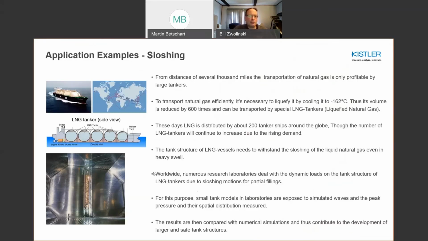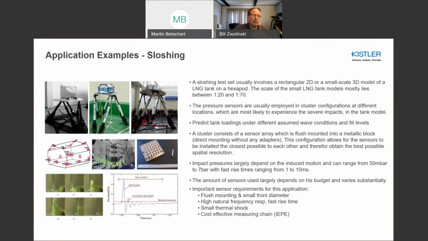Sloshing is for liquid natural gas, LNG tankers, which these tanks have to stand up to very high loads, in very high sea states. So there's a lot of work going on to ensure that there's no accidents at sea for sure. So what's typically done is you have a model like this, where you have a hexapod, where you have a plexiglass model, and you have a metal plate filled with these sensors that I talked about.